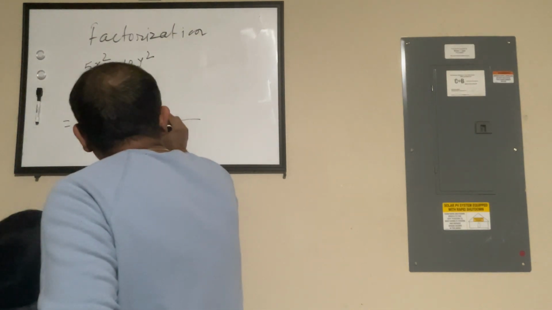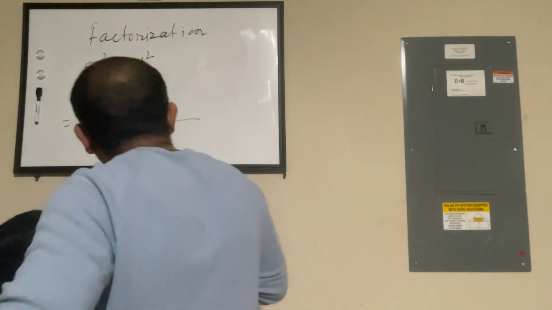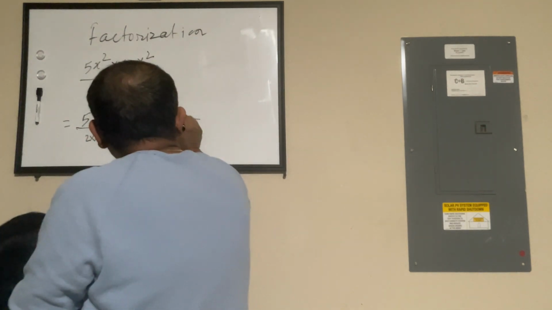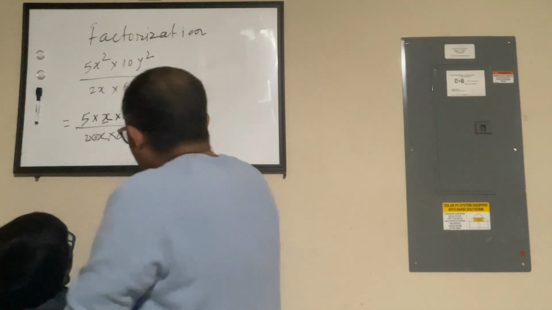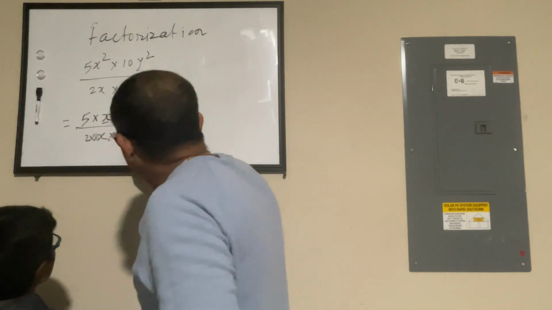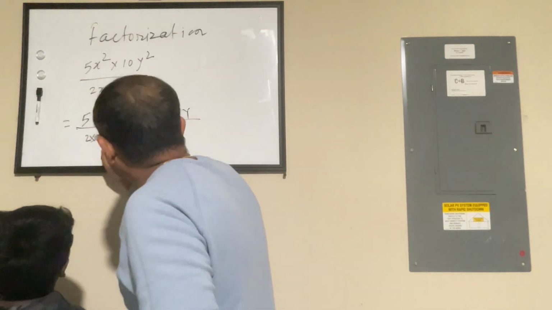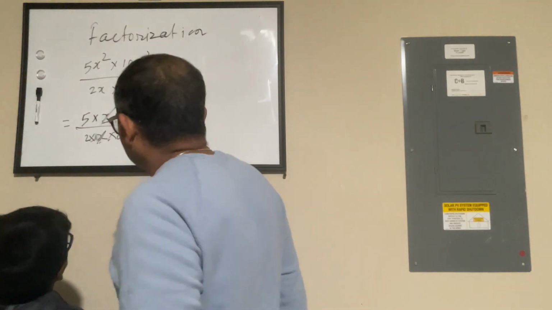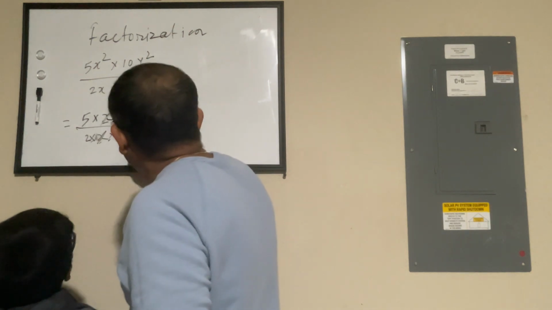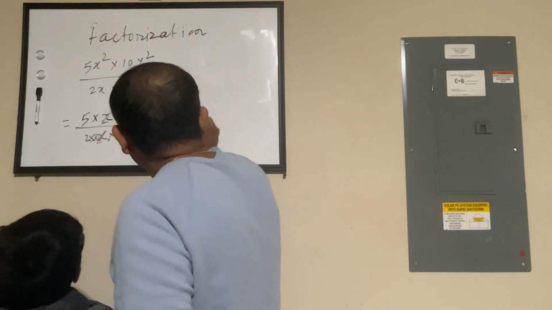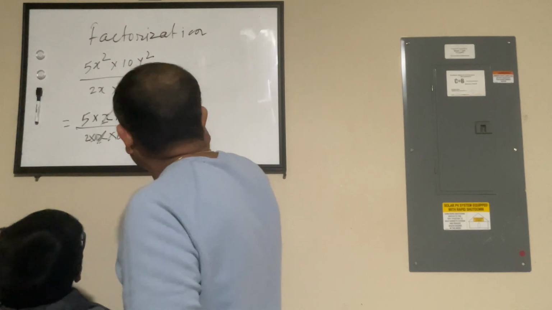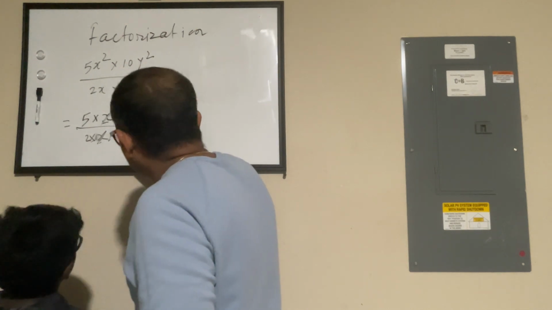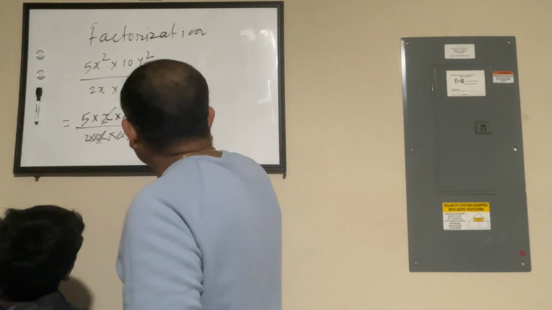This is 10y square, so this is 10 into y into y. When you do tic-tac-toe, you will cut similar things. So you have 2 into x; this x and one of the x you can cut. Now you have 6y; this y and one of the y. You give me 1y, I will give you 1y. You cannot cut 2 y's for 1 y.